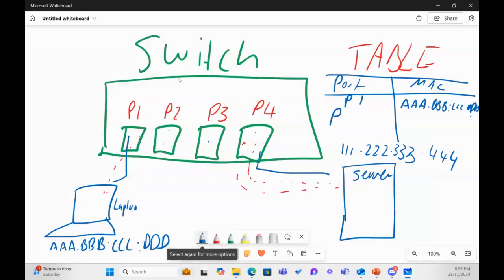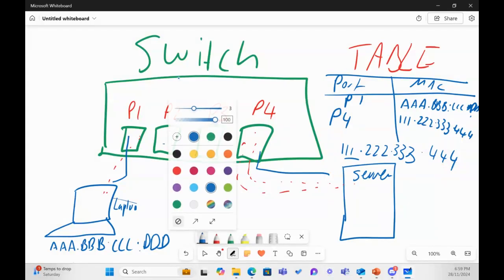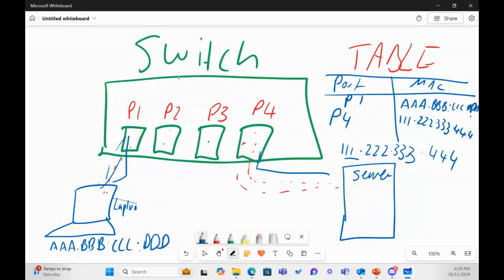Port 4 has this MAC address: 111 222 333 444." That's how it builds it. So now this laptop will say, "Great, I know where you are." I'm going to send it to the switch. The switch looks at that table again and it just sends it out. It doesn't need to broadcast it anymore. It knows exactly where it's going. So that's how a switch works.